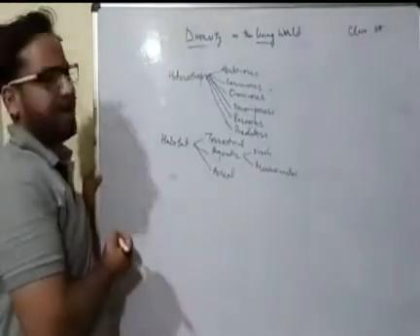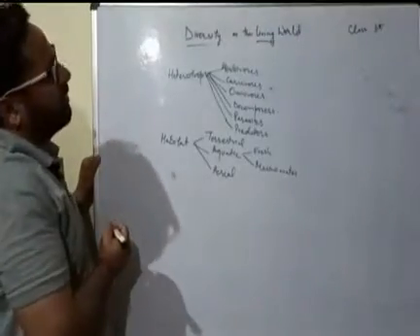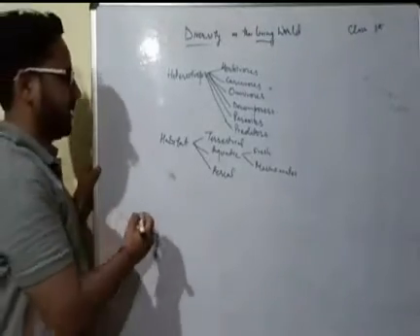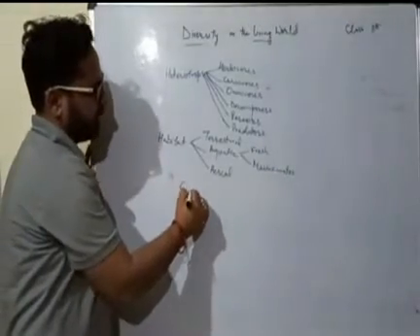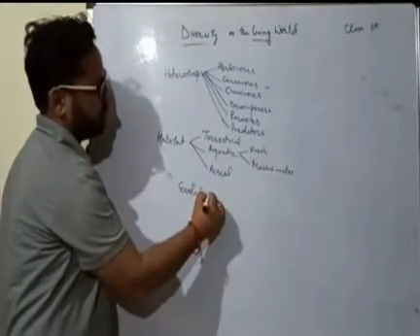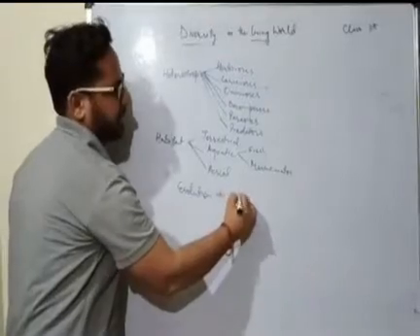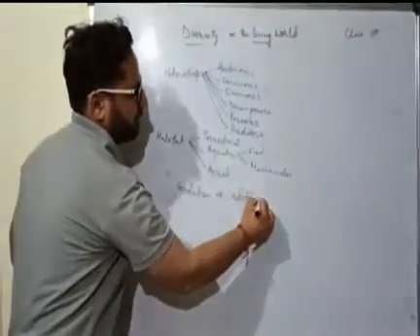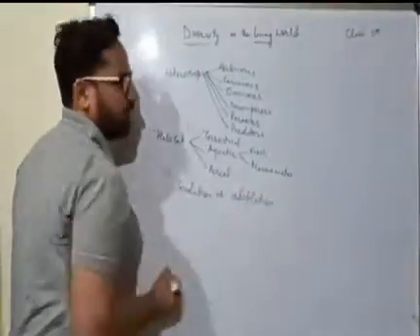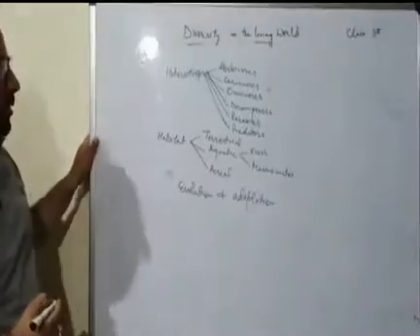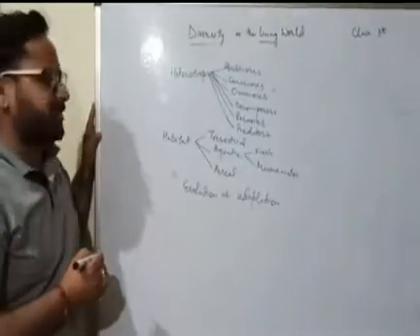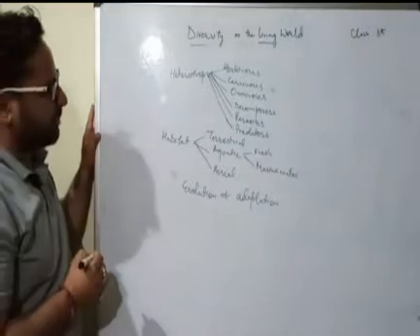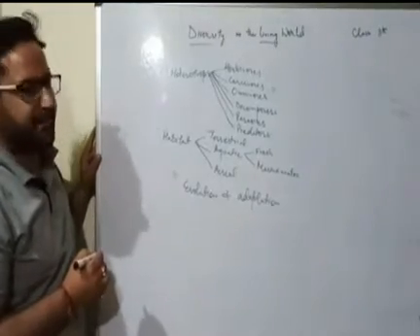This whole biodiversity, the whole variety of living organisms on this earth, is due to continuous evolution and adaptation among them. Let me tell you, 3.5 billion years ago, life originated on earth in the form of simple bacteria.